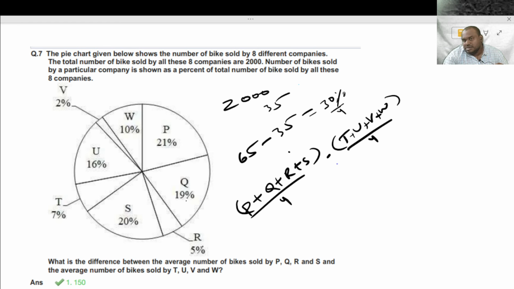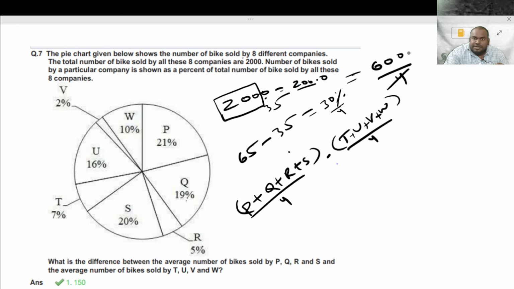But you just calculate for 30%. 2000 is the total number of bikes sold. So in this, 10% is 200. 200.0 is nothing but 200 only. So 10%, 30% is 200 into 3. So it is 600 we got already. But it has to be divided by 4. So it is 150. Because we don't need percentage only, we need the number.